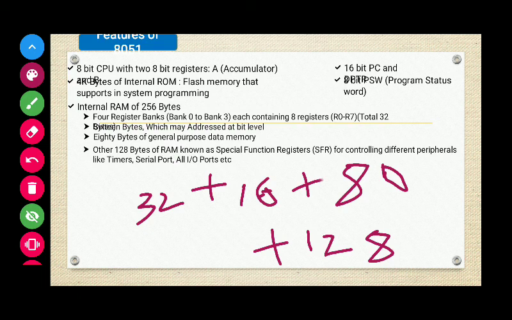In this way, the total 256 bytes of internal RAM is divided in 8051.